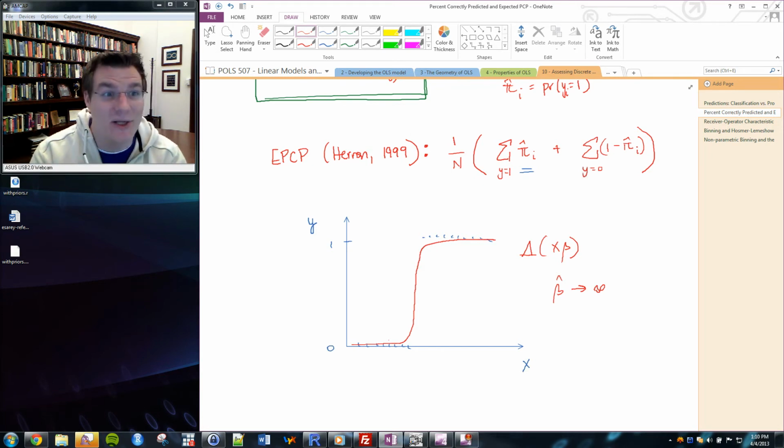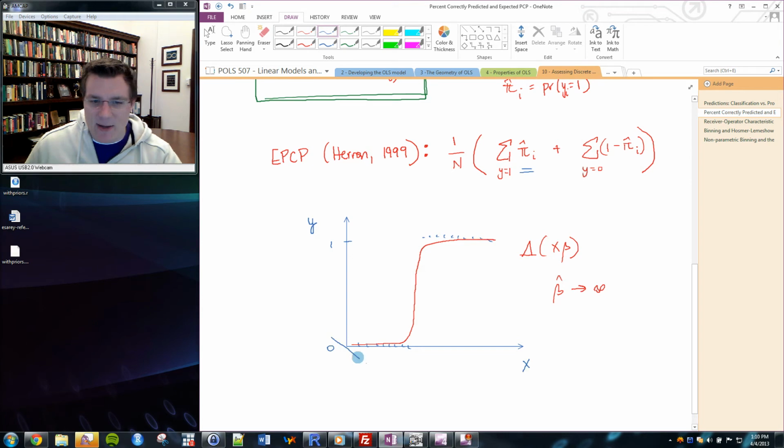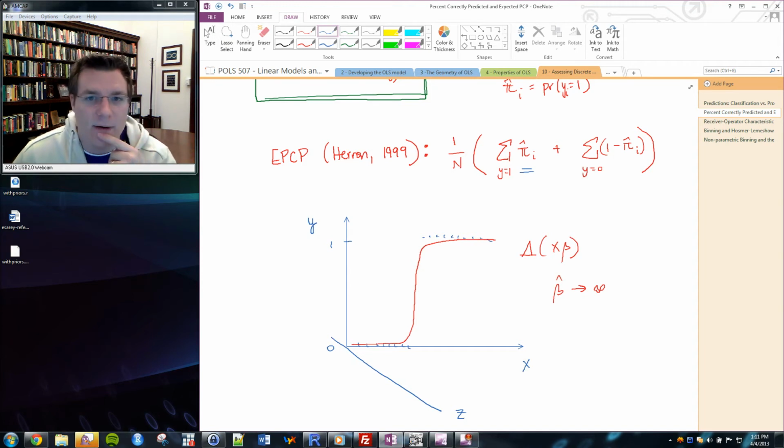But actually that's really good if this is a classification problem, because what that means is x separates the variables perfectly. It's a really good classifier. And so in problems like this, what you're trying to do is add dimensionality to the prediction problem until you can separate the cases really cleanly. And of course, you don't want to add junk dimensionality. That's why we do out-of-sample assessment, which we're going to talk about in the R section of today's lecture.